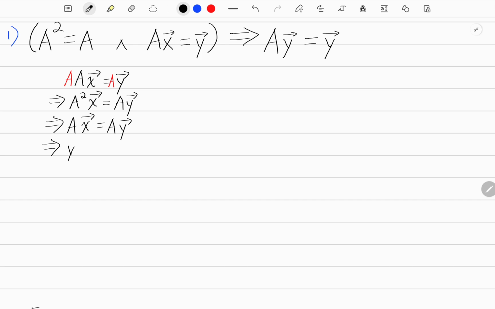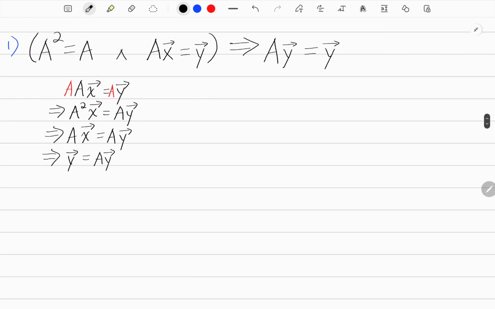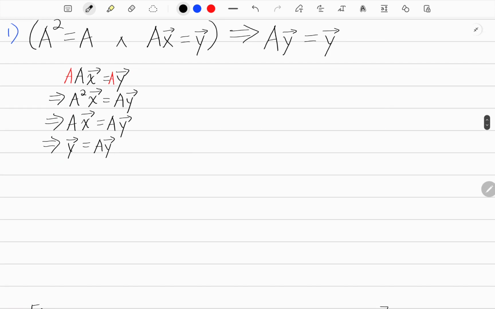So therefore, y is equal to Ay. And it doesn't matter which side you're on for the equality symbol; if y is equal to Ay, then Ay is equal to y. That's just what equality means. The left and right side are the same. Therefore, the implication holds.